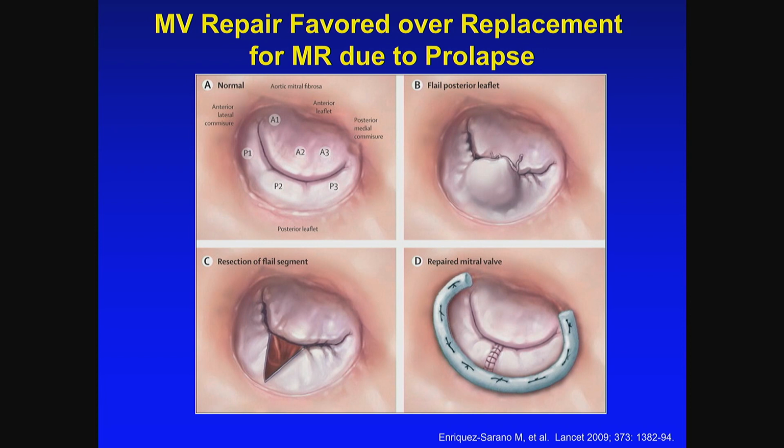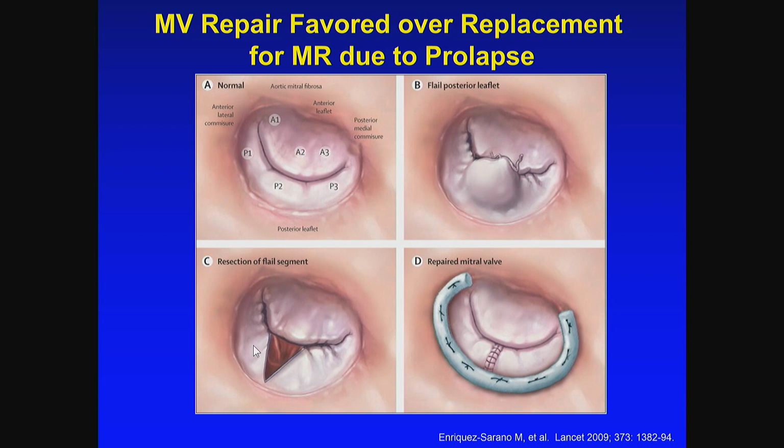When there is mitral valve prolapse and stage D valve disease, mitral valve repair is favored over replacement because of superior outcomes. Now, this is the normal mitral leaflet anatomy from the perspective of the left atrium. There's an anterior leaflet and a thin, almost semi-lunar posterior leaflet. This is what happens when there's posterior flail with chordal rupture and significant regurgitation results.